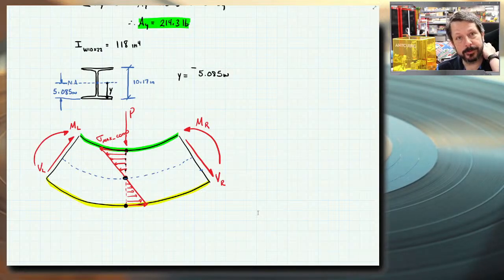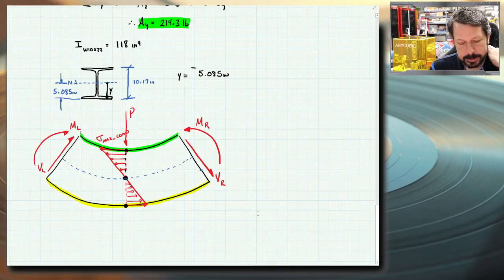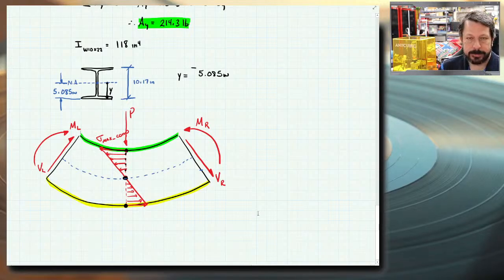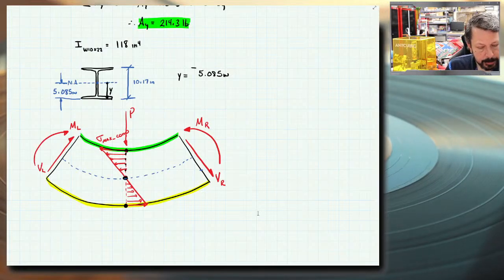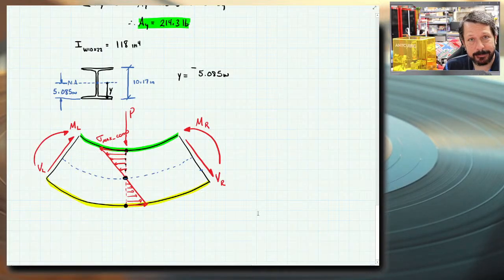One of us will be positive, one will be negative, and so it creates confusion. So when we're dealing with internal bending moments, these are the positive orientations depending on what free body diagram you're drawing. All right, and I wrote them as ML and MR because they're not necessarily the same value.